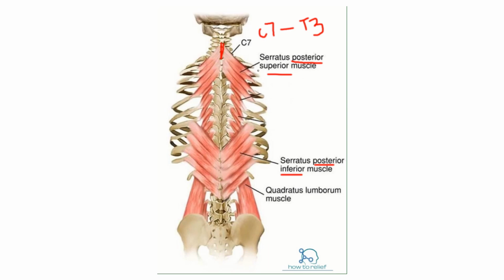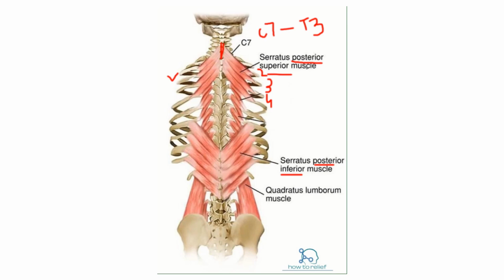As you can see here, this is the second rib, this is the third rib, and this is the fourth rib. So this muscle attaches to the superior border of second to fourth rib on both sides, on this side as well. Okay. So this is the origin and insertion of serratus posterior superior muscle.